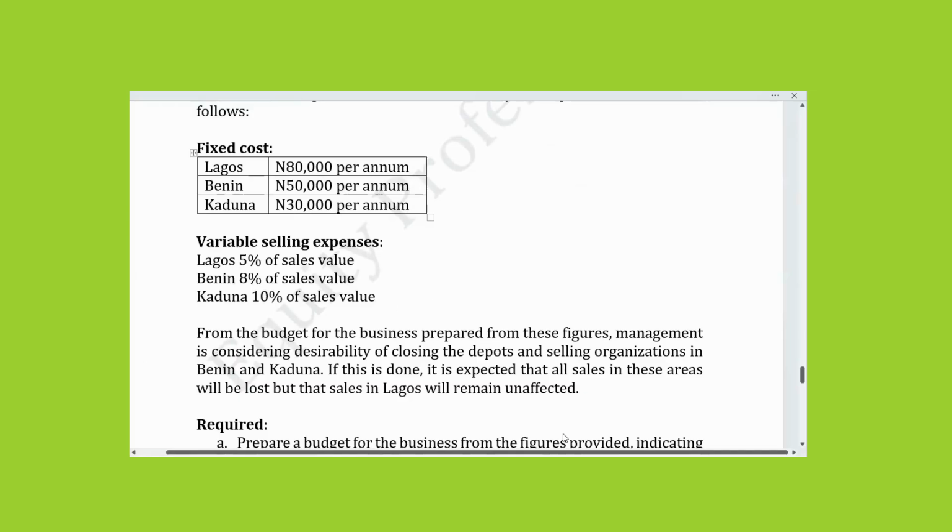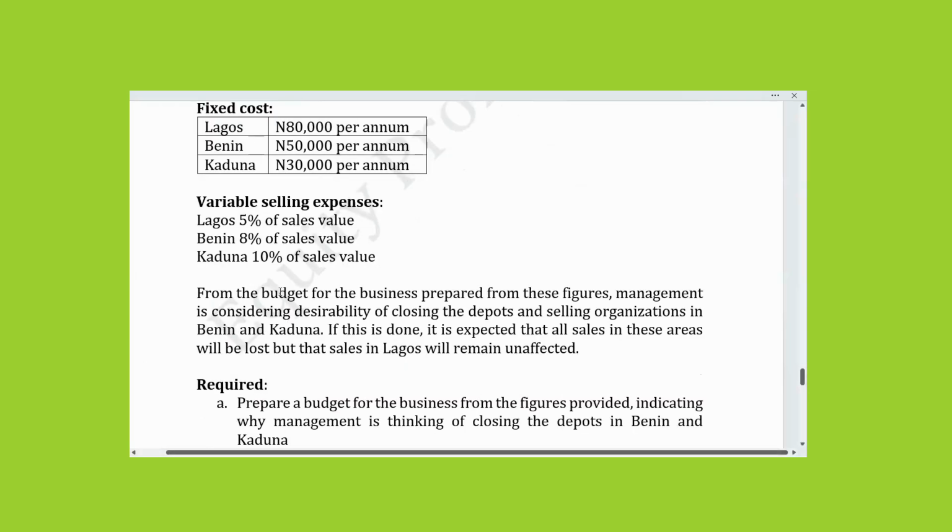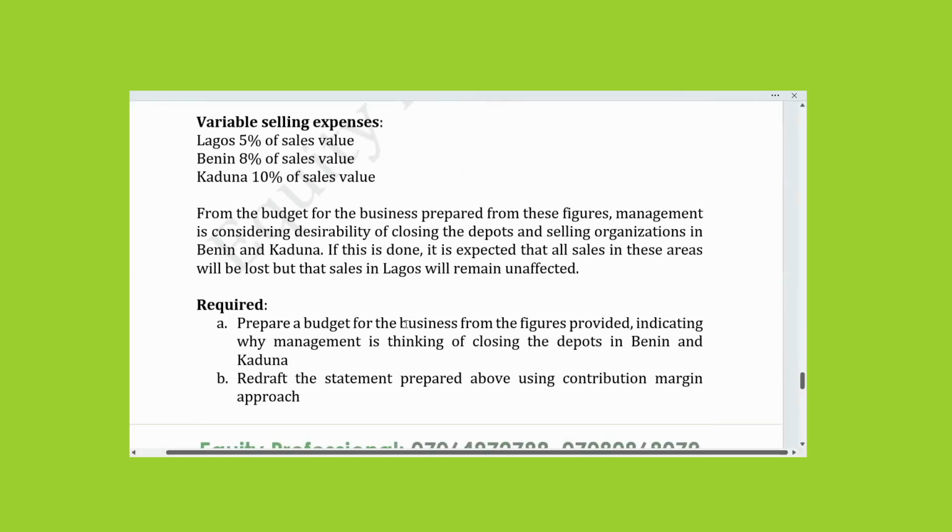From the budget, the business prepared for this year. Management is considering the desirability of closing the depot and selling organization in Benin and Kano.